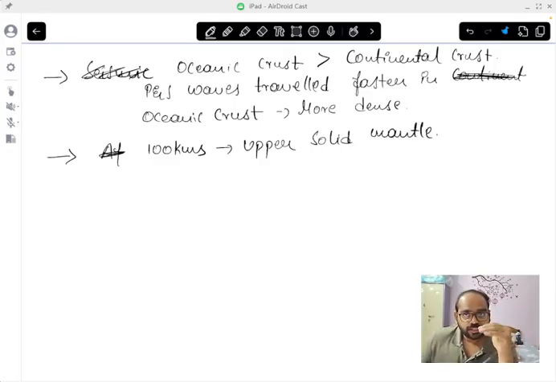After the crustal portion, from 35 kilometers up to 100 kilometers, the speed of the P and S waves increased, indicating an upper solid mantle.